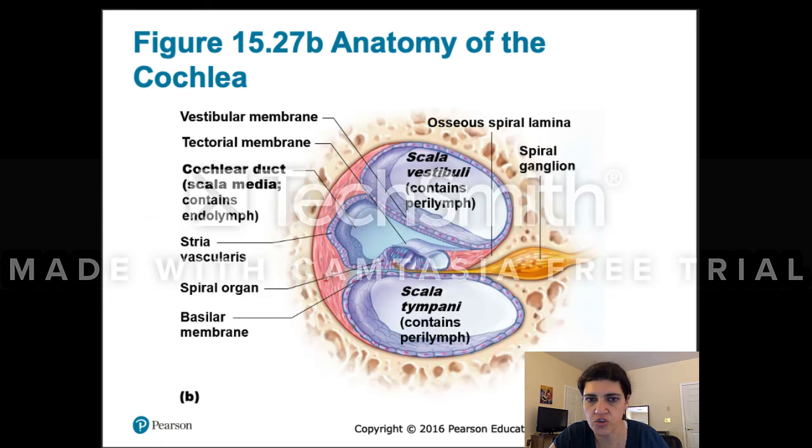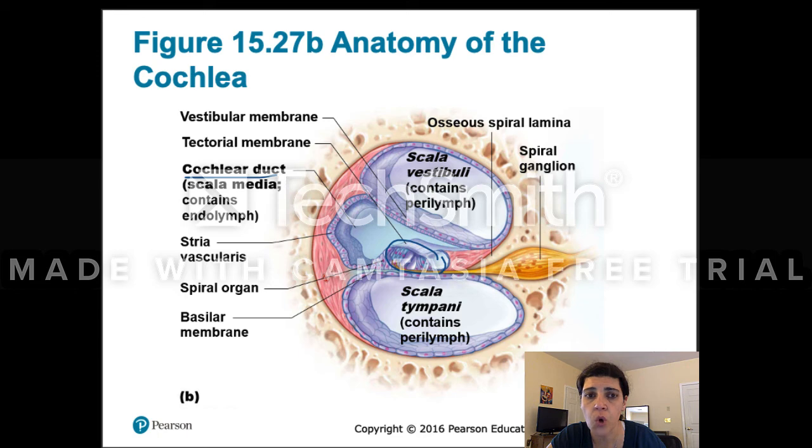This picture is better. So looking at just one slice of that tube, you can see the scala vestibuli with the perilymph, scala tympani also with perilymph. This is where there is endolymph. This is the cochlear duct, right? And here inside the cochlear duct, you have a little part that is called spiral organ.